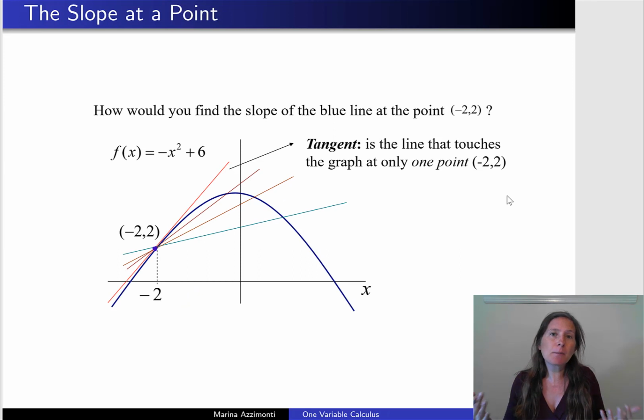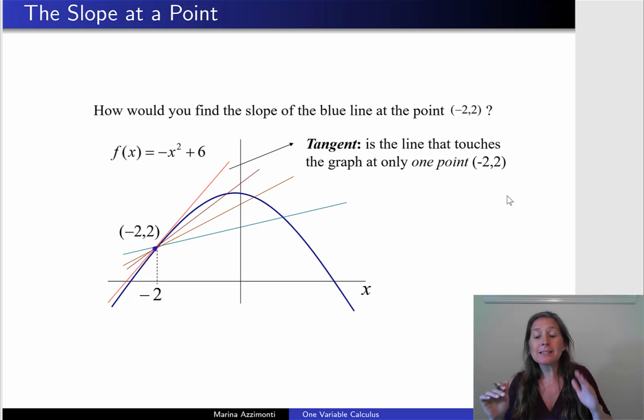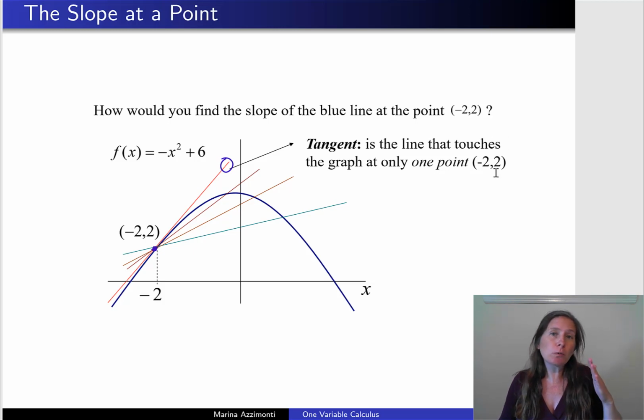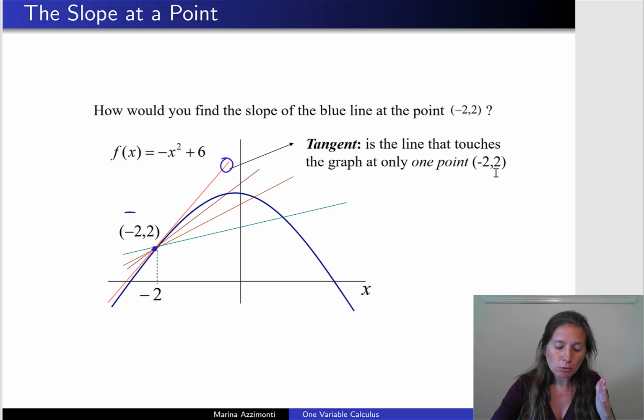Now, what is the best approximation for the slope of a quadratic function at a particular point? Well, it's not the secant line, it's the tangent line. The tangent line is the line that touches the graph at one and only one point. So it's basically this red line here. And that's going to be the slope of this quadratic function at minus 2, 2.